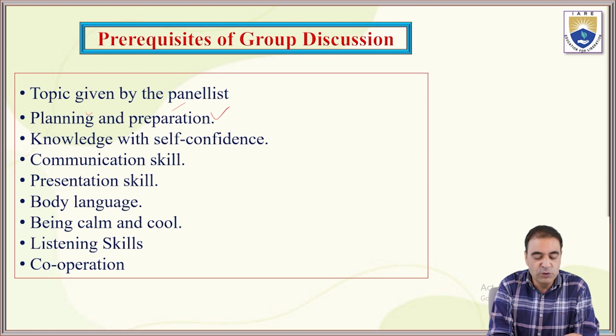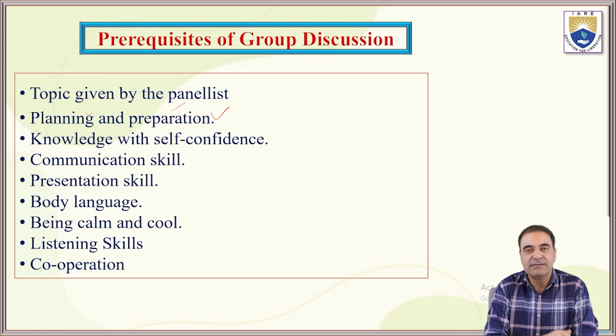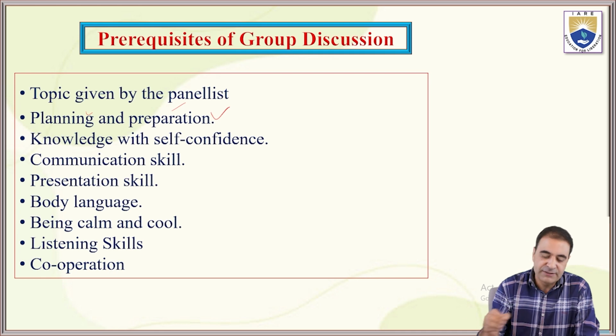The next one is knowledge with self-confidence. While participating in a discussion, we need to get knowledge or information about the topic, so that we can give a very good opinion, information, idea regarding that topic.